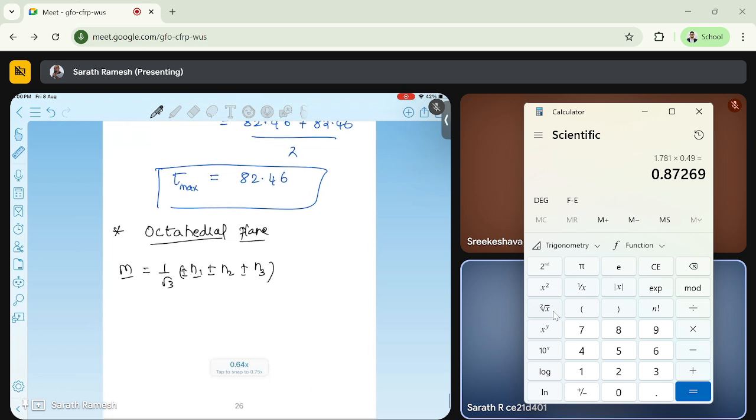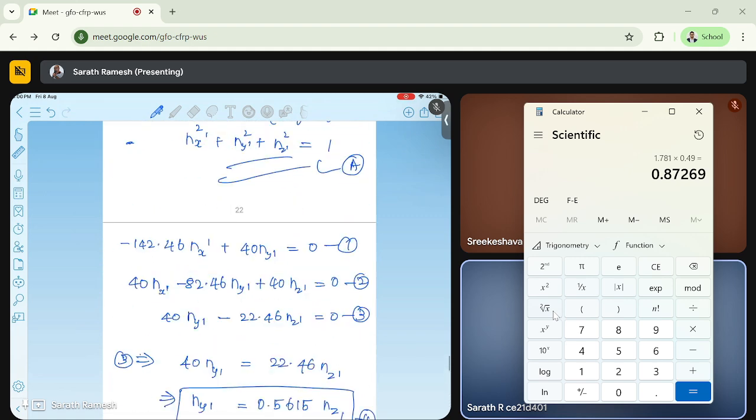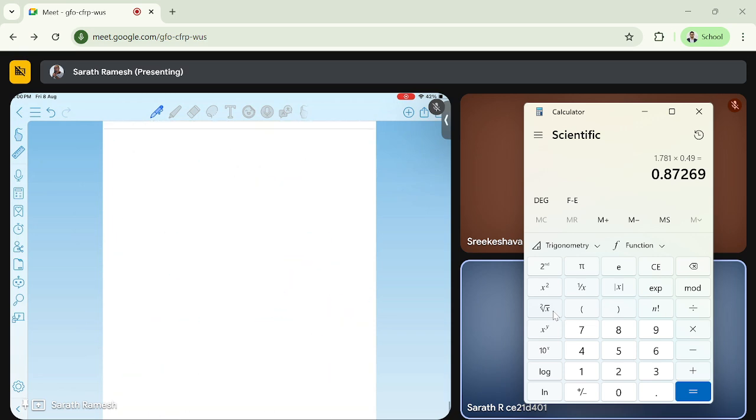Now, if we move forward in finding the traction and the normal, I'm directly writing the final expression, which is I1 by 3, where I1 is the trace of sigma, sigma 1 plus sigma 2 plus sigma 3. This is the normal stress. So in our problem above, we know sigma 1, sigma 2, sigma 3: 82.45 plus 0 plus minus 82.45. So all will add up to 0, right? So this will become 0 in our case. Octahedral normal stress is 0.